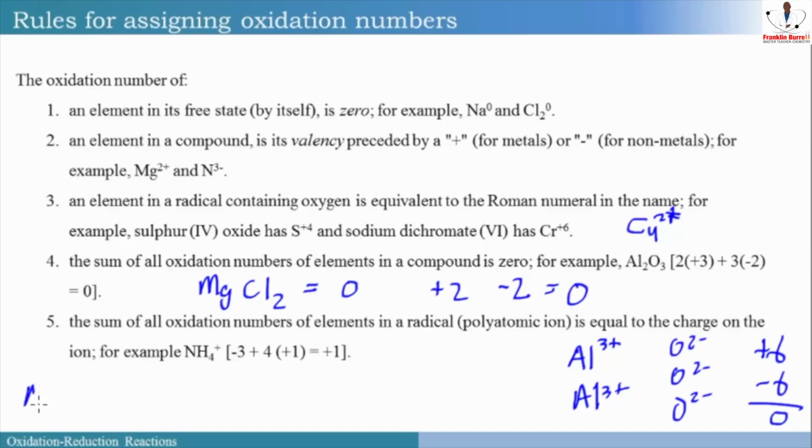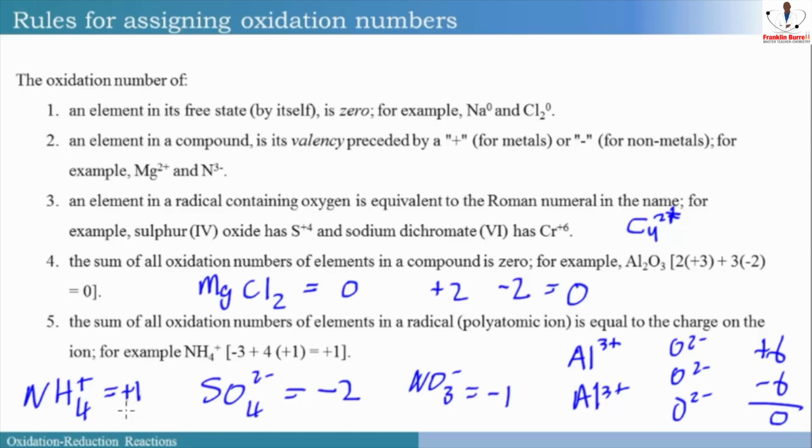So notice in this case, ammonium ion is +, so everything here equals +1. SO4 2-, or everything equals -2. And if I write NO3-, then everything here equals -1. Please remember your charges when working in this topic of oxidation and reduction.